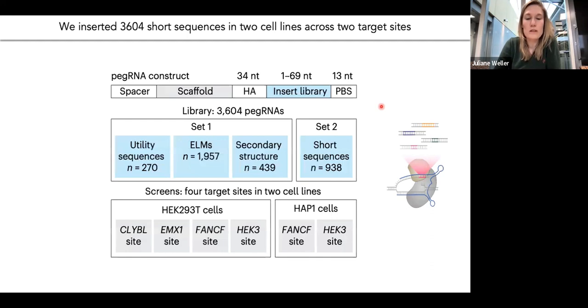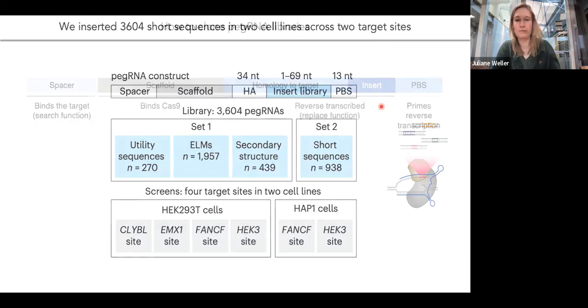They included utility sequences, eukaryotic linear motifs, sequences with different structure, and a lot of short sequences, up to 10 nucleotides. We then tested the insertion efficiencies of those inserts into 4 target sites in the genome using 2 different cell lines, the HEK293T cells and the HAP1 cells.